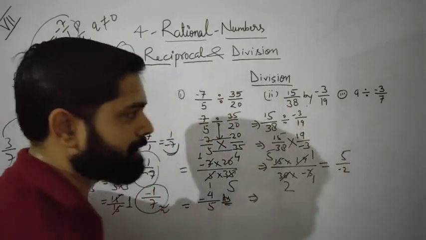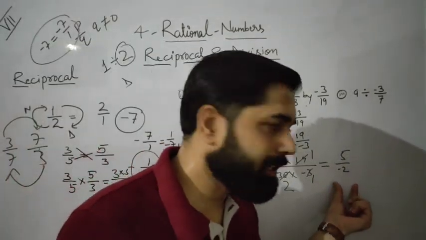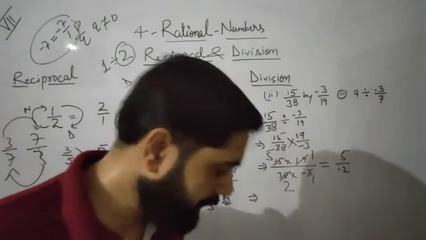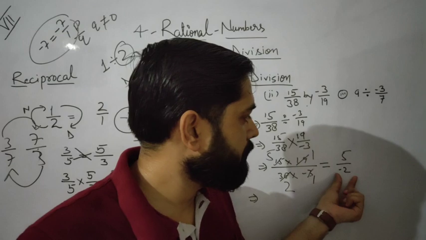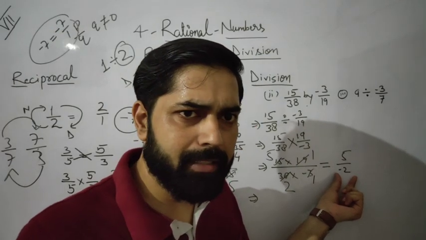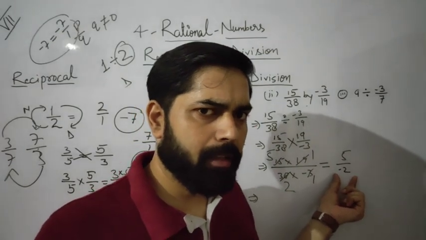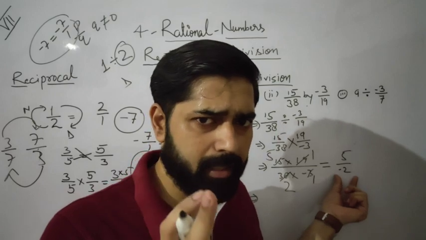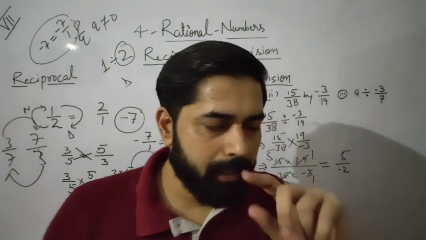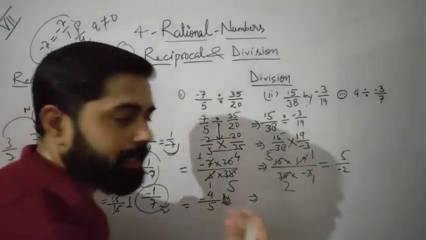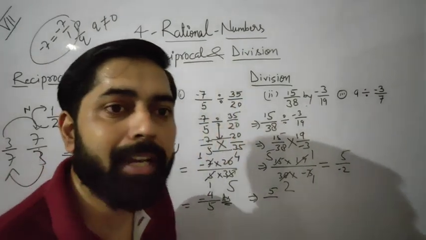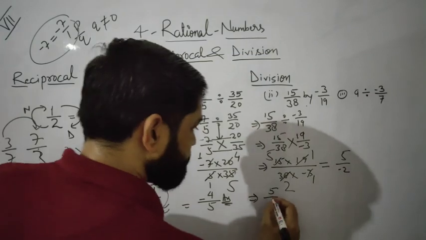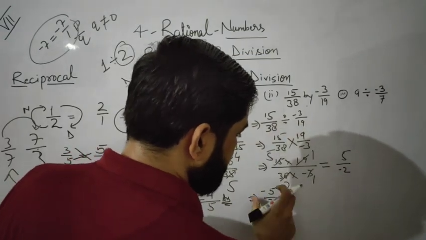But look here, this answer 5 upon minus 2 is given in negative form. In which form did you find the answer here? In negative form. You know the rule. What is the rule? We can change the negative form into a positive form. How? Multiplying by minus 1 in the numerator and denominator both. Then the answer will be minus 5/2.